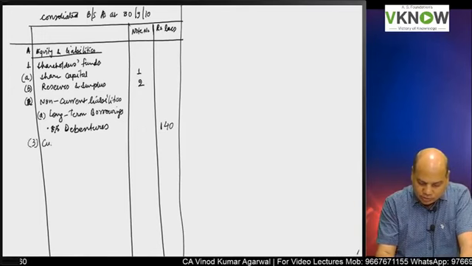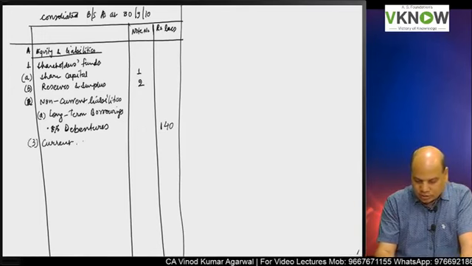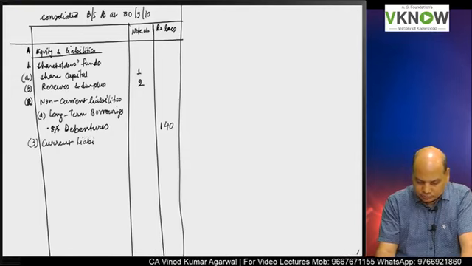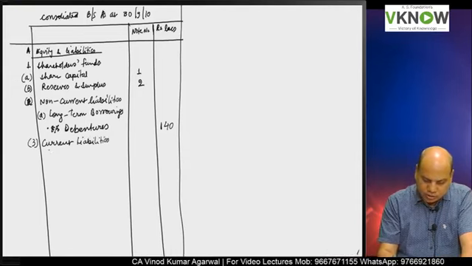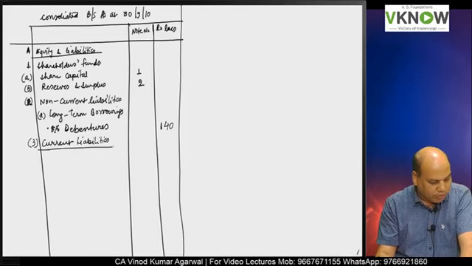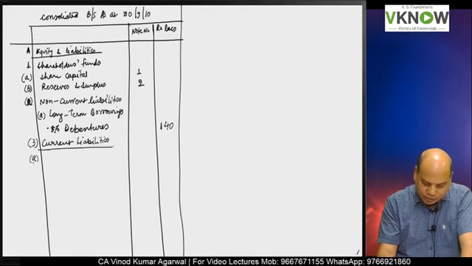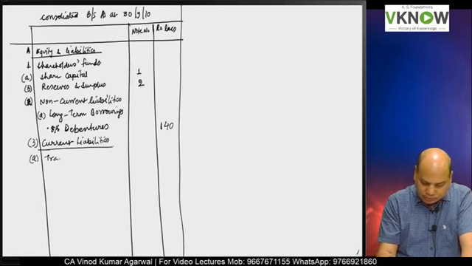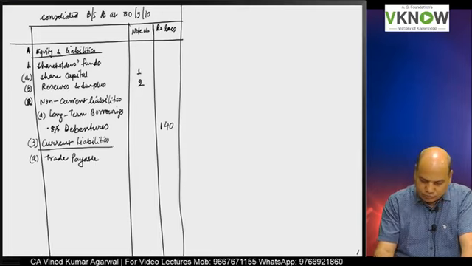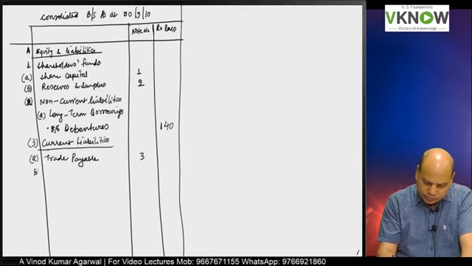Then point number 3, current liabilities. Current liabilities you write down A, trade payable, note number 3.